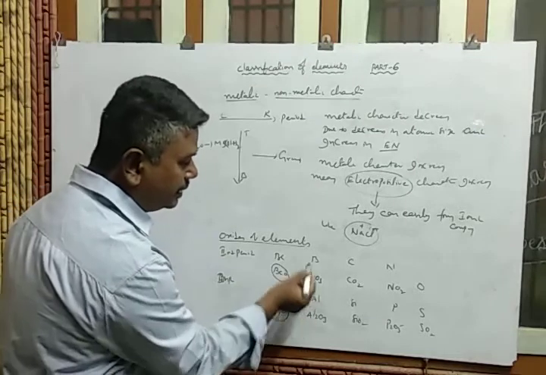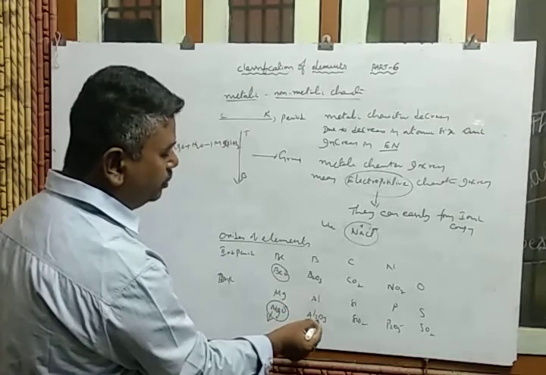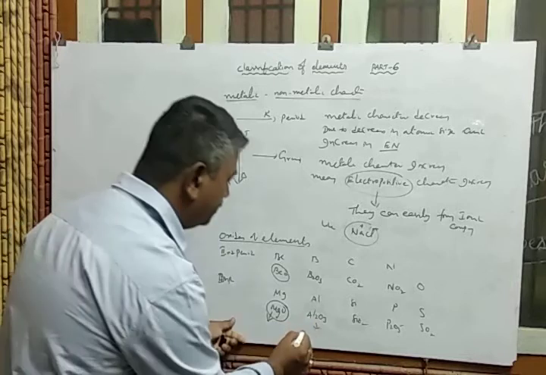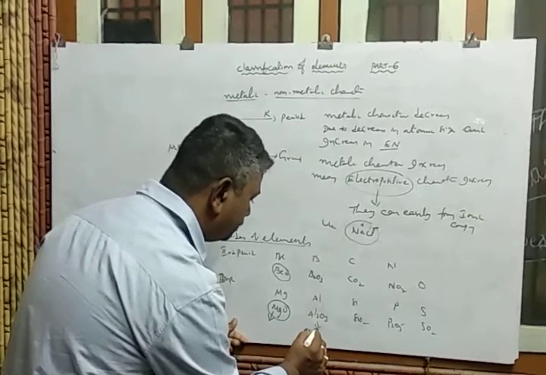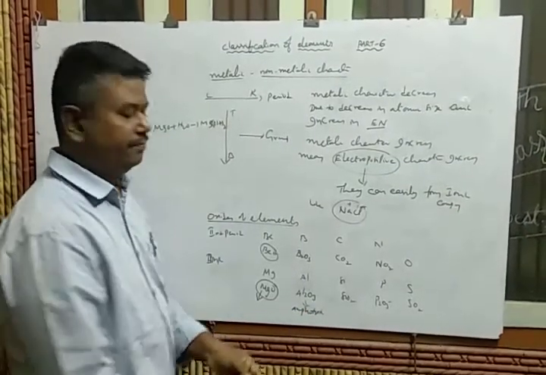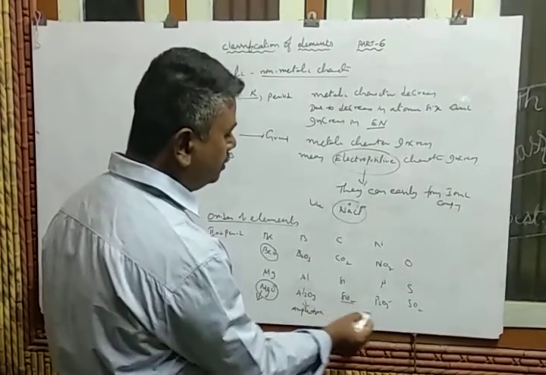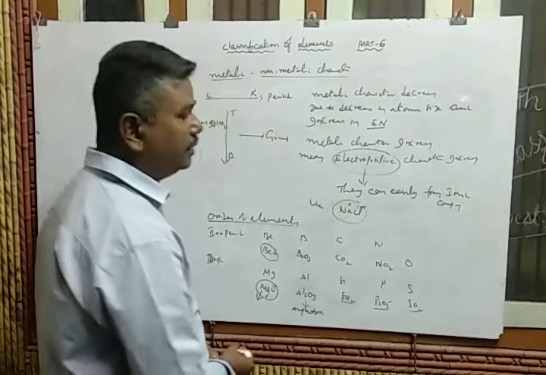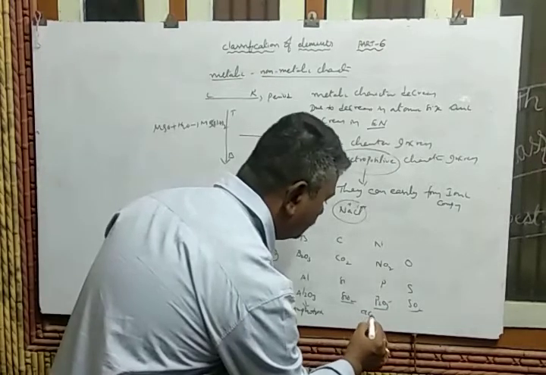Whereas in the case of Al2O3, it is amphoteric. Whereas silicon and the others are all acidic oxides.